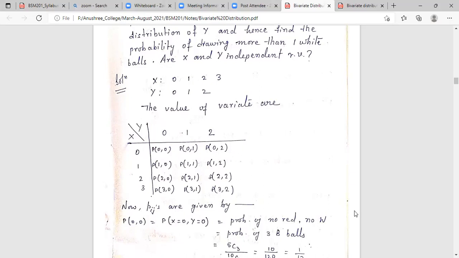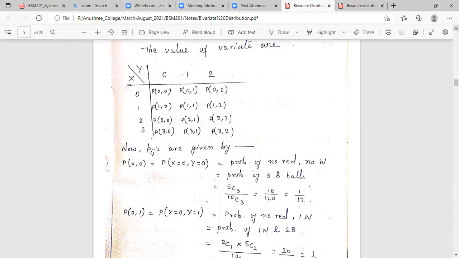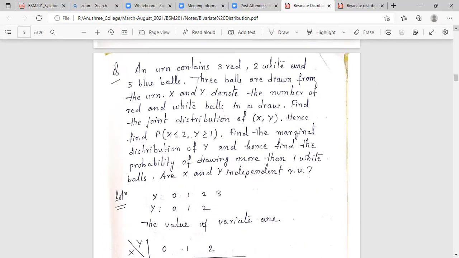If I take a particular one, P00, what does it stand for? Probability X equals 0, Y equals 0. X equals 0 means the number of red balls is 0. X is the number of red balls, Y is the number of white balls. So no red balls, no white balls. What does it mean? Probability of 3 blue balls, because we are drawing 3 balls at random.